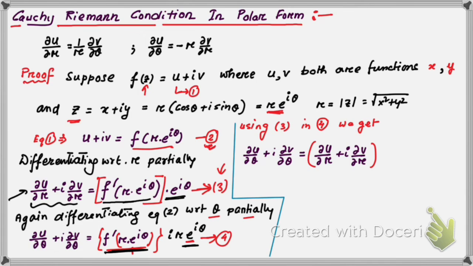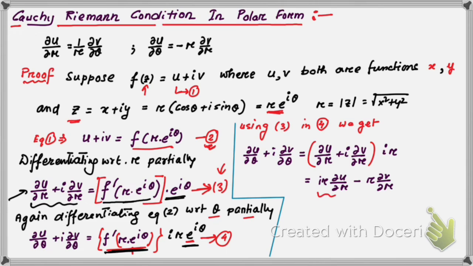Then into we have i r. So if we open the bracket, we're going to get this result. Here i into i is going to be minus 1.